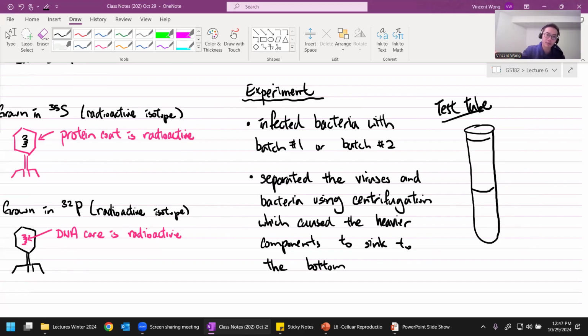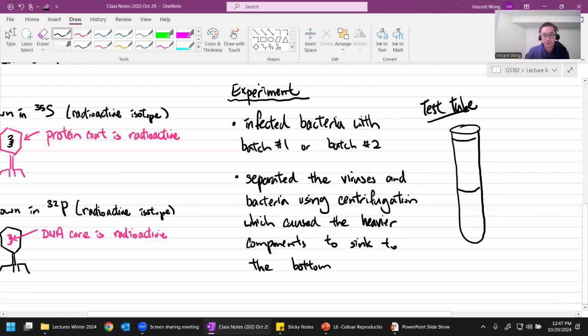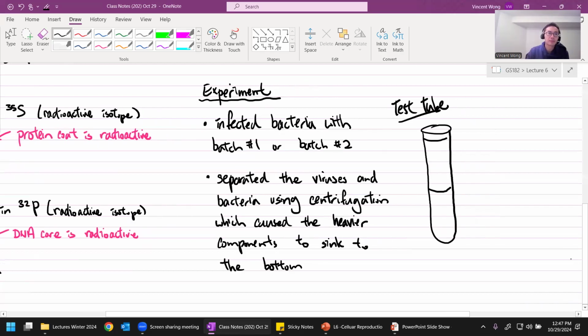So I want to ask everybody, which one is heavier, the virus or the bacteria? Which one is bigger?